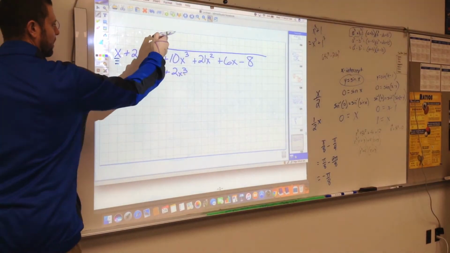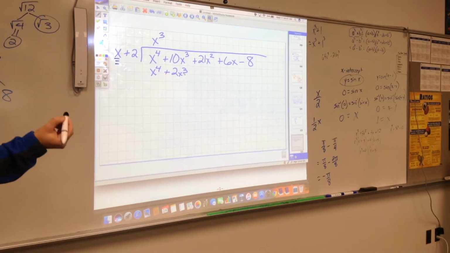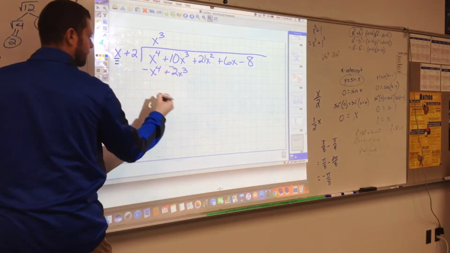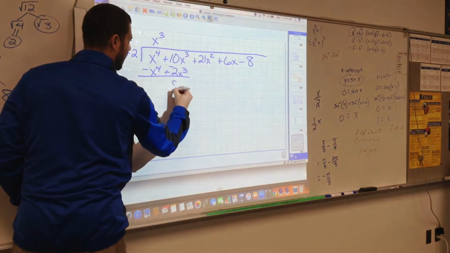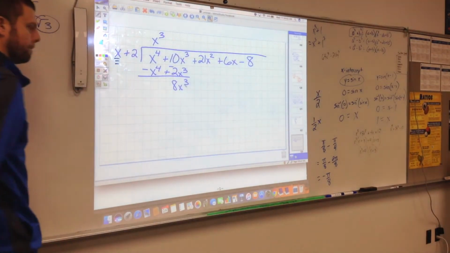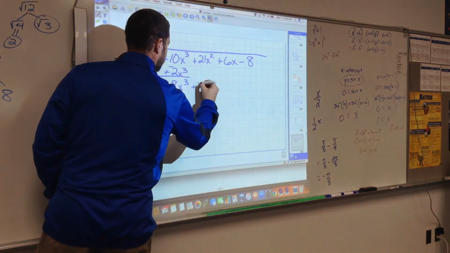Now I'm going to subtract it, just like I did with the 7 in the long division. The only thing left is 8x cubed. And then I'm going to bring down the next term.